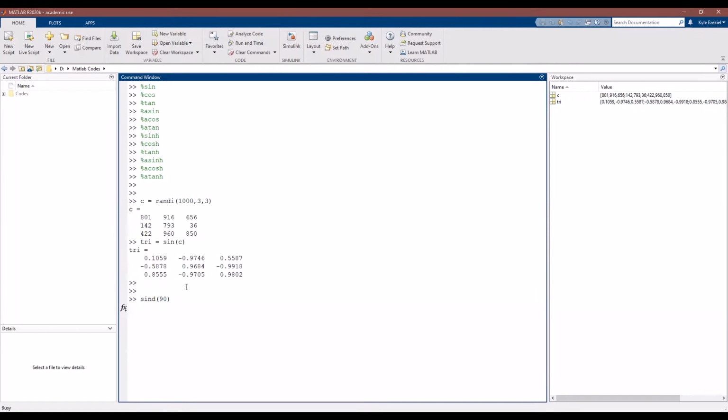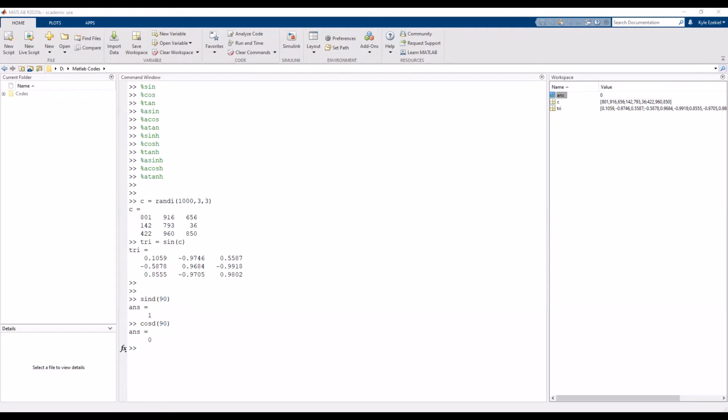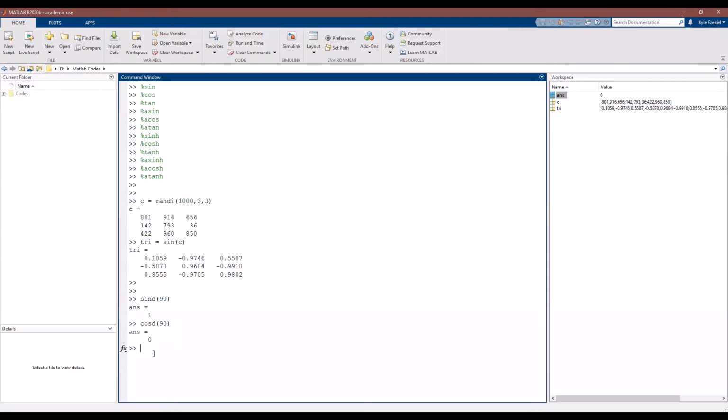So sind 90, that should be 1. Okay, so I think this would be more accepted, or you're going to use this much more than the radians, since radians are very large, or we are dealing with decimal points there. So it's much more tedious than using degrees. So tand 90, this should be infinity. Okay, there we go.